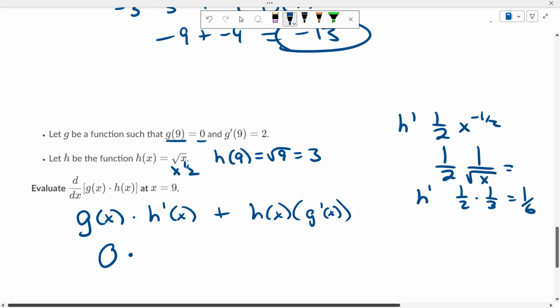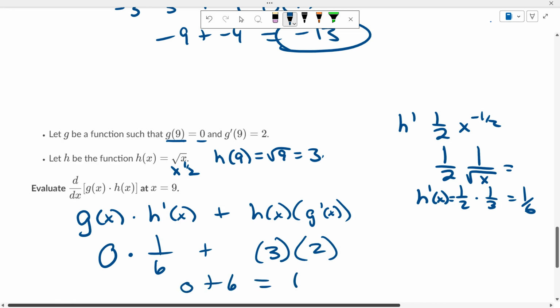So that's the first derivative of h of x. Now, did we have to figure that out? No, because 0 times anything is 0, but we did anyway, so you would know for the future. Okay? Now, what's h of 9? 3. And the first derivative of g of x is 2. So it's 0 plus 6, which would be 6.